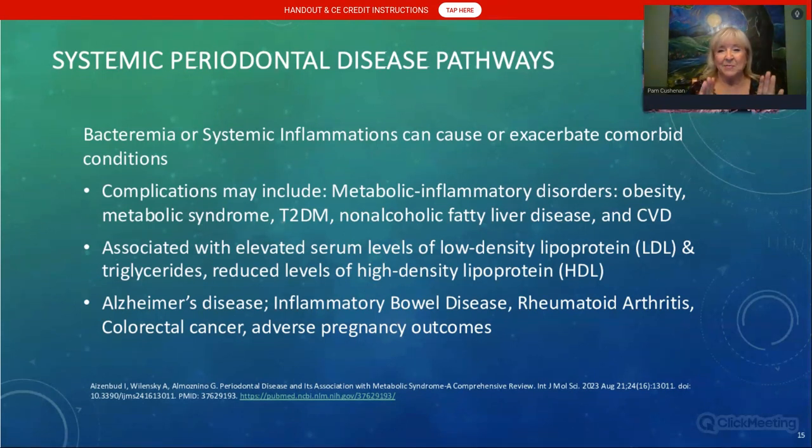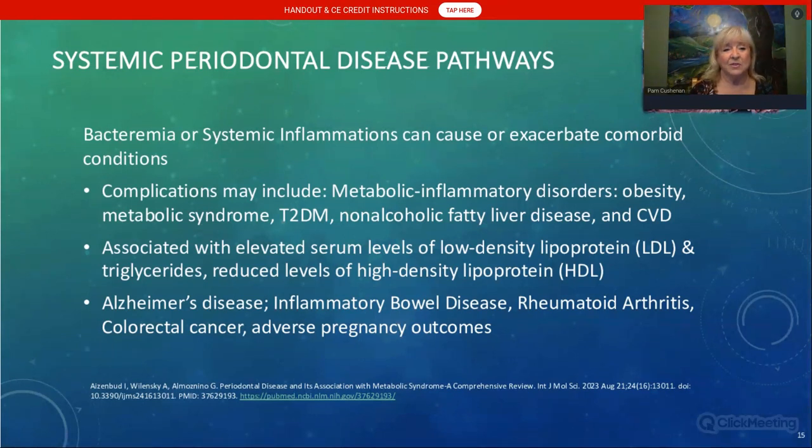This is one of the most fascinating things I saw: systemic inflammation actually can increase LDL, which is low density lipoprotein, and triglycerides. So increasing that, which is terribly unhealthy, and decrease the high density lipoprotein, HDL. So for those with cholesterol issues, take a look and see what type of oral disease may be existing for those individuals.